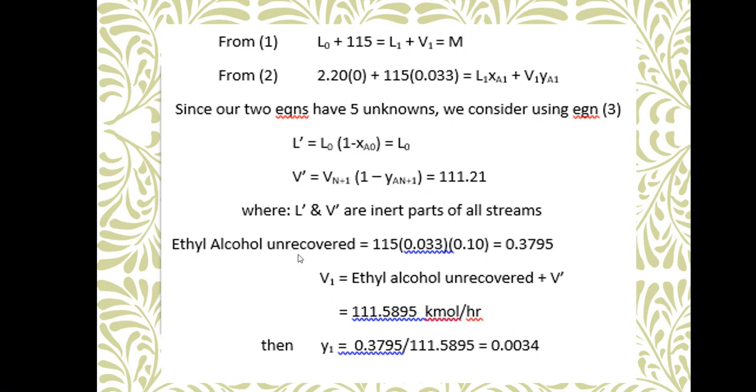The unrecovered acetone that goes with V1 is 10% of the amount present, 115 times 0.03, and it gives us now V1, the unrecovered acetone, and the V prime which we determined here. So 111.21 plus this will give us 111.5895. Knowing V1 will allow us to solve Y1, which uses the unrecovered ethyl alcohol, and we divide by the total value of the stream, which gives us 0.0034.